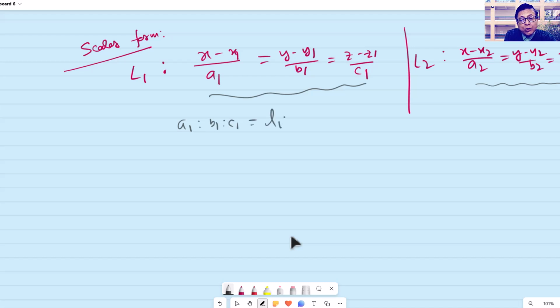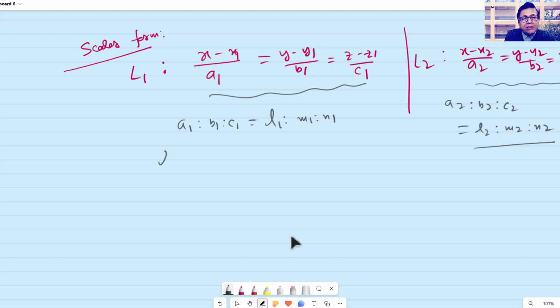I told you that direction ratios are proportional to direction cosines. So a1 is to b1 is to c1 equals l1 is to m1 is to n1, and a2 is to b2 is to c2 equals l2 is to m2 is to n2. Okay? So if not given in terms of direction cosines, it doesn't matter.